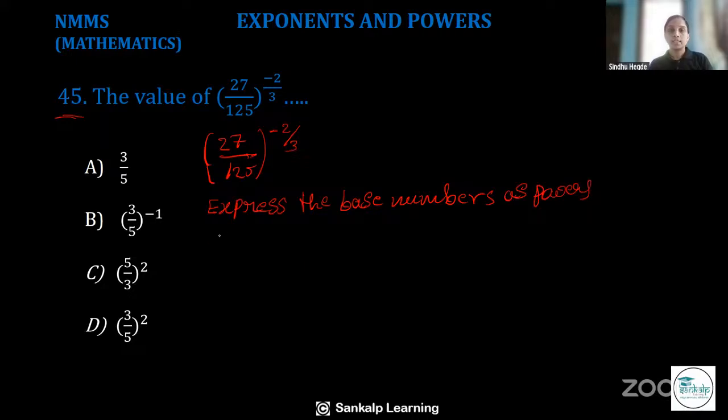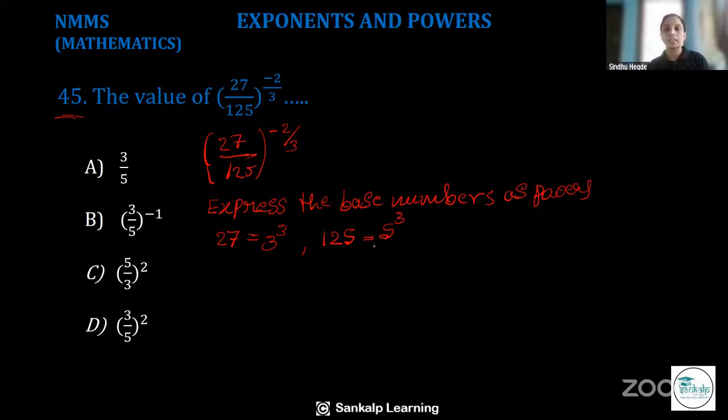So here 27, let us express this as a power. It is actually 3 cube, 3 into 3 into 3 is 27. Similarly, 125 is 5 cube, since 5 multiplied 3 times gives 125.